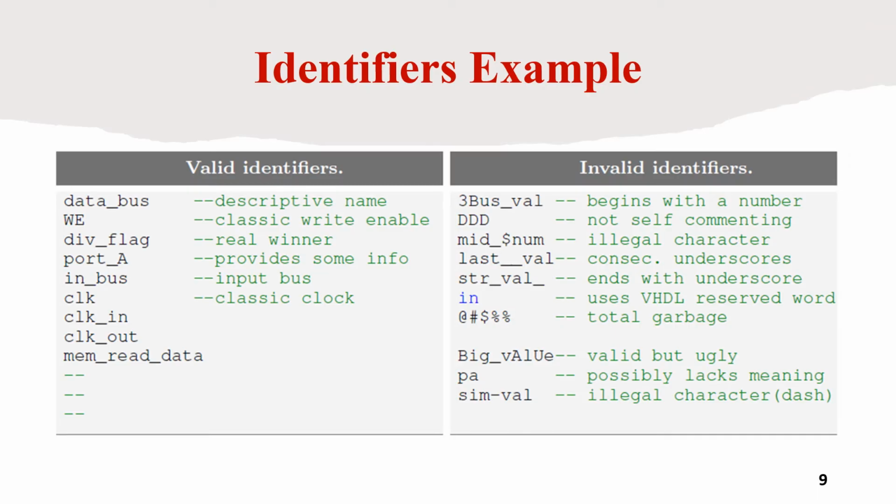In this slide, you can see some valid and invalid identifiers. For example, data_bus is valid because it describes well the bus of data. But 3bus_val is not valid because it begins with a number, and so on. You can see more examples in this table.